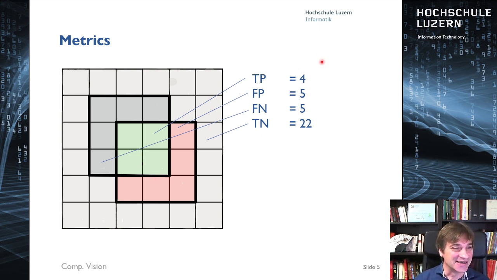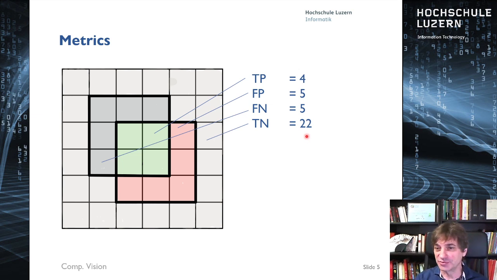You could calculate the true positives, which are those 4 pixels here that you predicted correctly. Then here are some that you predicted were positive, but they were actually not. So these are 5 false positives and also 5 false negatives here. And then all the rest here are negative and you predicted negative, so those are true negatives, of which you have a lot.